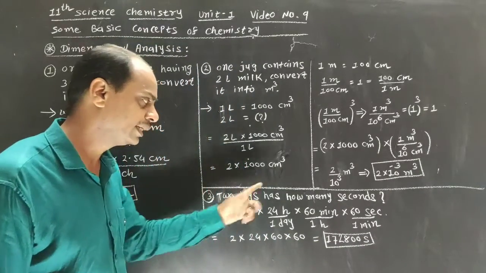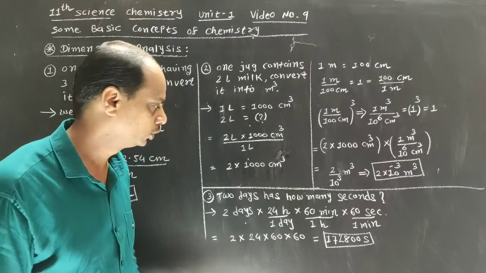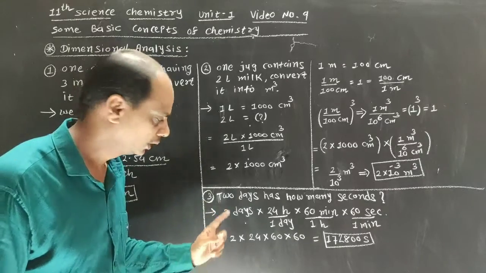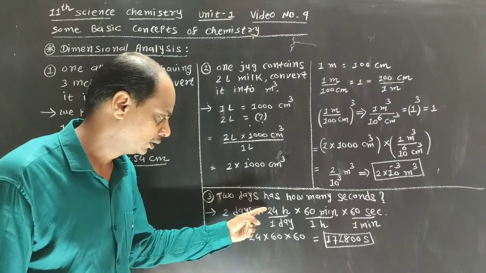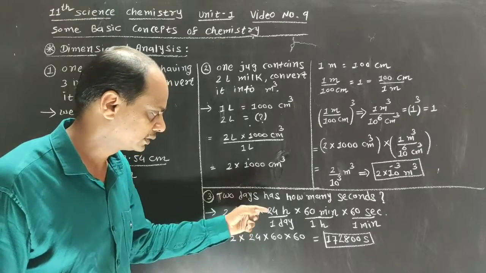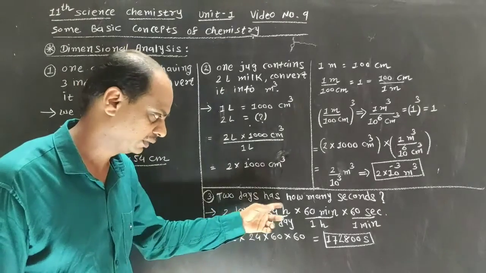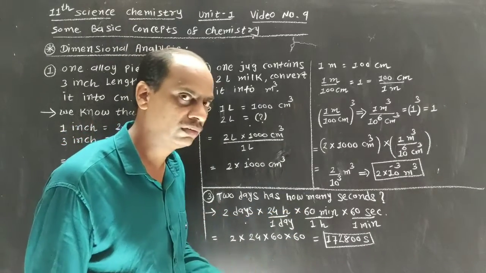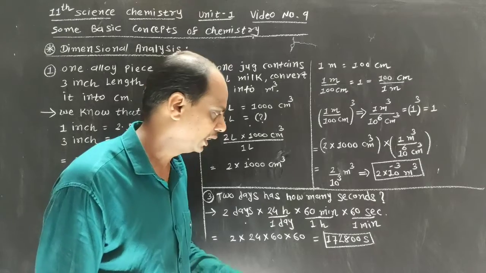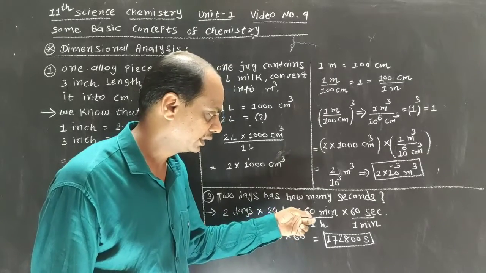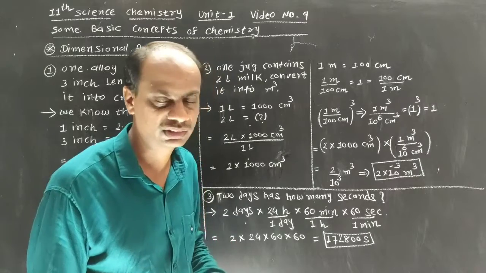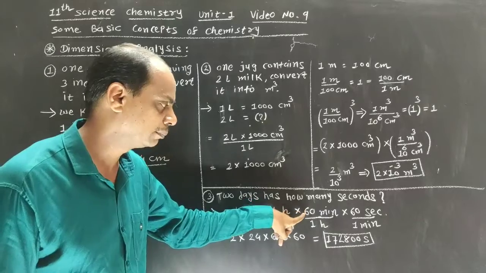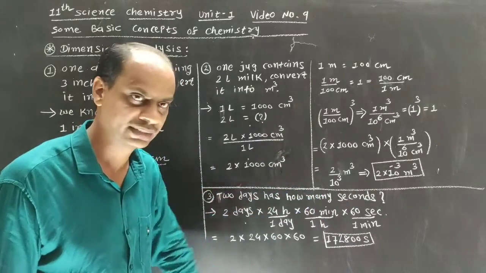Third one: 2 days has how many seconds? To convert this, for 2 days, how many hours are there in a day? 24 hours. And how many minutes? 1 hour has 60 minutes. And each minute has how many seconds? 60 seconds. So 2 days multiplied by 24 hours multiplied by 60 minutes multiplied by 60 seconds.